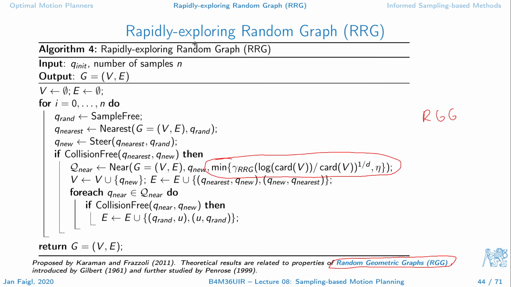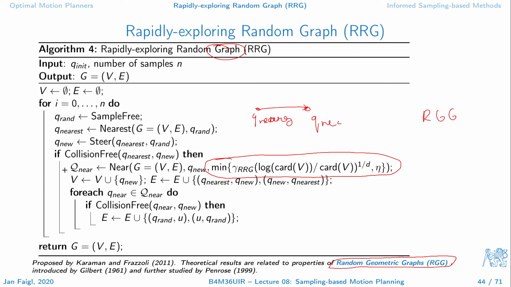So basically the algorithm is almost like the RRT, except that this is not a tree. This is a general graph. We sample, we find the nearest, we steer, we check, we have this Q nearest and Q new, and this is collision free.